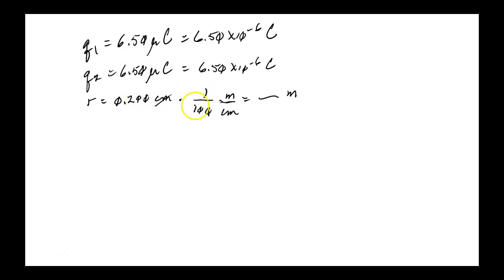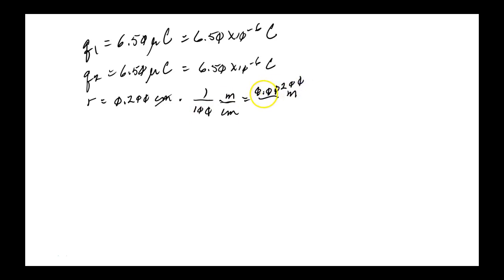So what happens here, you move your decimal 2 more places to the left. So if you do it just this way, it would be 0.00200. Woo, a lot of zeros.